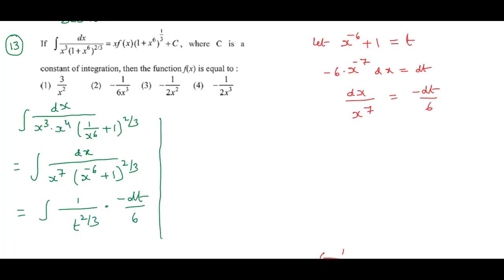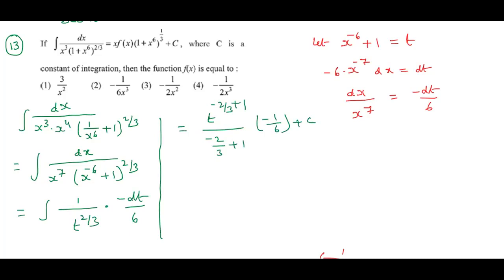Okay. Now t power 2 by 3 send to the numerator and apply the integration. We get minus 2 by 3 plus 1 divided by minus 2 by 3 plus 1, into minus 1 by 6, plus c. Now in the denominator take LCM and do the calculation.